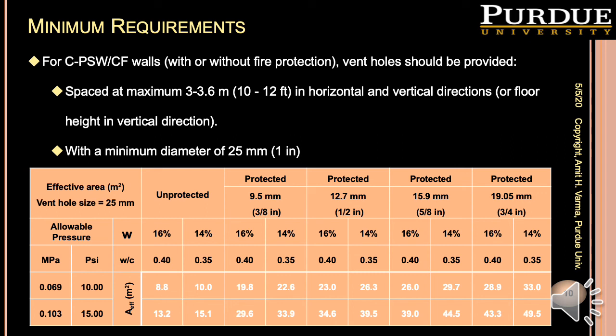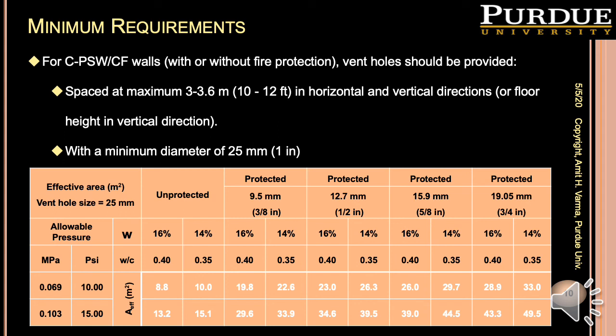We've considered walls with different thicknesses, walls with different water cement ratios, and what we've concluded from our studies, and what we are recommending, is that the vent holes need to be spaced at a maximum spacing of 3 to 3.5 meters, both longitudinally along the length and along the height. We're also recommending that the minimum diameter of vent holes be 1 inch.